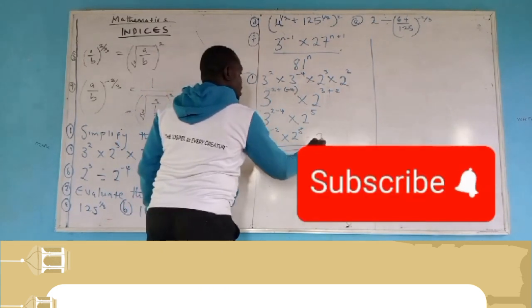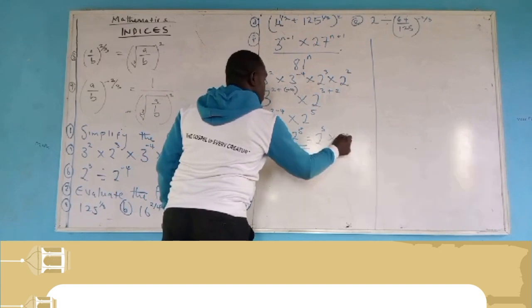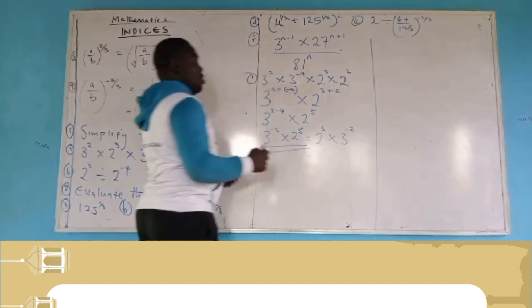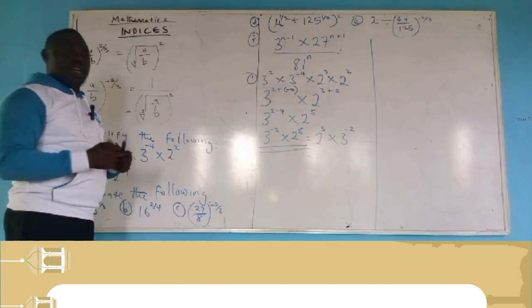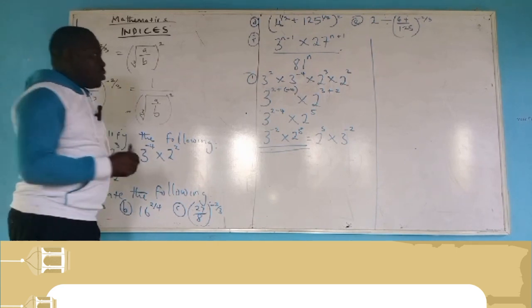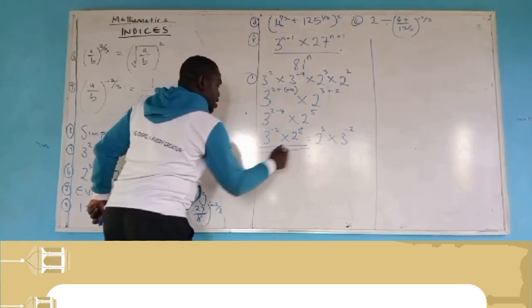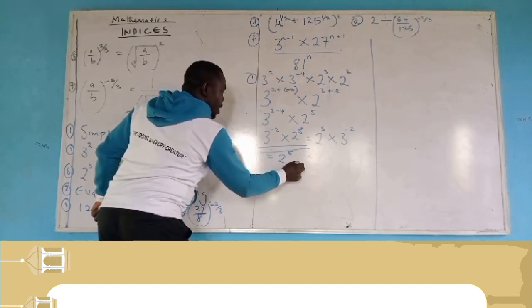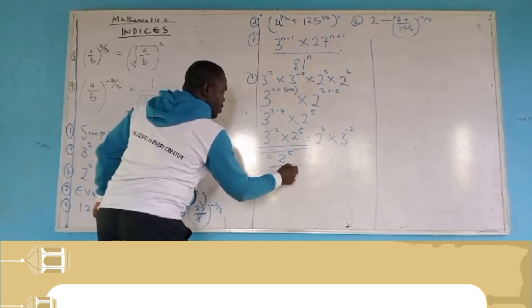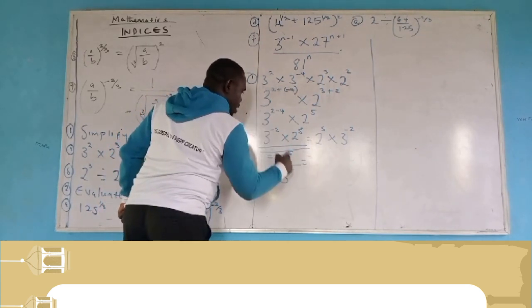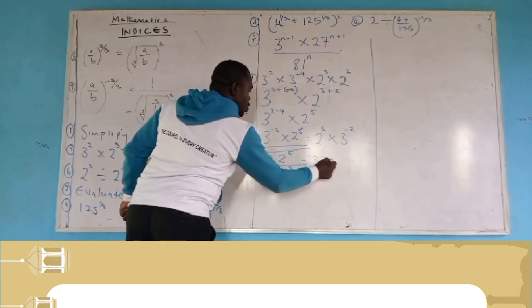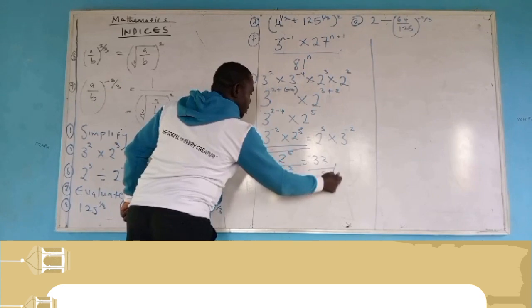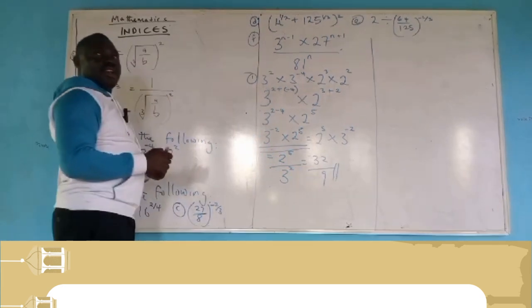You can also say that 2 raised to the power 5 or 3 raised to the power 2 for here. So we can also express this and say 2 raised to the power 5 divided by 3 raised to the power 2. And this is the same thing as 32 over 9 as our final answer.